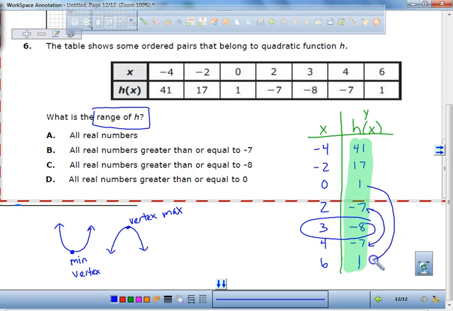And these numbers right here are the same? So that lets you know that's your vertex. What's the absolute lowest number that I get? -8. So the answer is all real numbers greater than or equal to -8. That's the range, which means y is greater than or equal to -8. That would be your answer. That's how you write greater than or equal to -8.